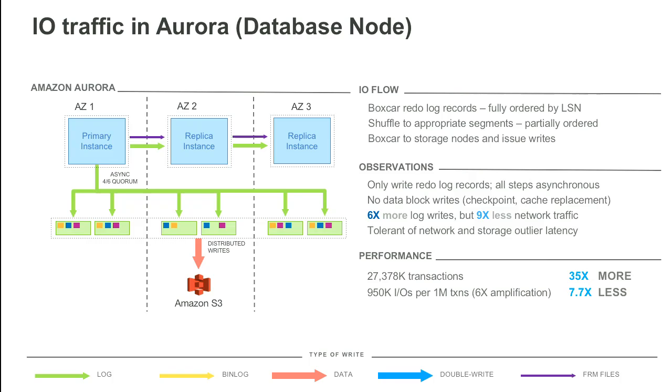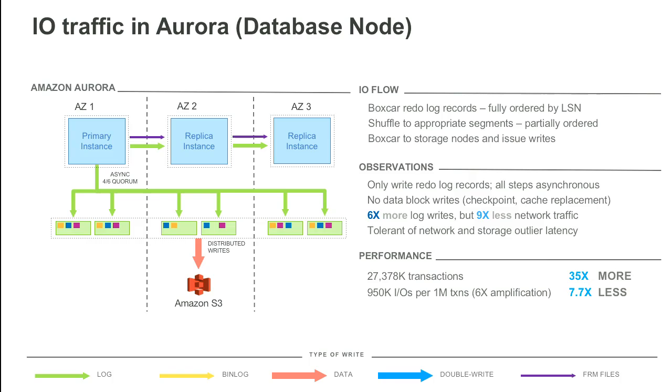You batch them not based on the time at which they occurred or the order in which they were generated, but based on the target partition of the overall volume that each log record needs to go to. So you batch together log records headed to the same physical storage nodes, and you send them to the storage nodes.